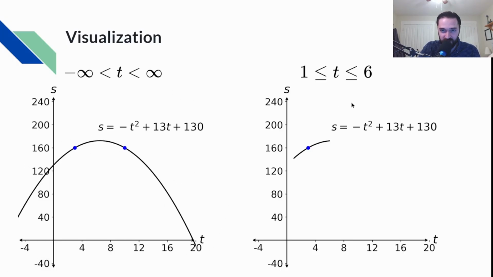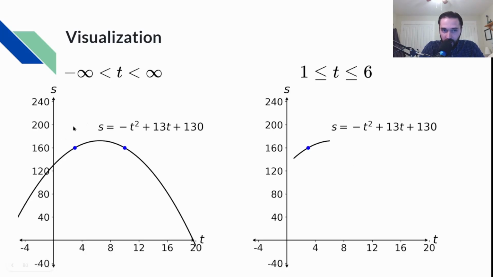But in the problem, it was stated that t is only between 1 and 6. So this is a restriction on something called the domain of the function. We're not going to talk about domains and ranges of functions yet. That's an upcoming topic. So all we need to know for now is that t is restricted to these values. t has to be in between 1 and 6, and we get this partial bit of the curve here.